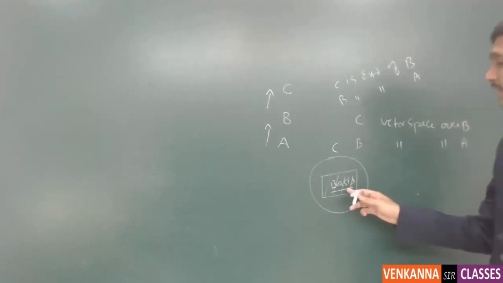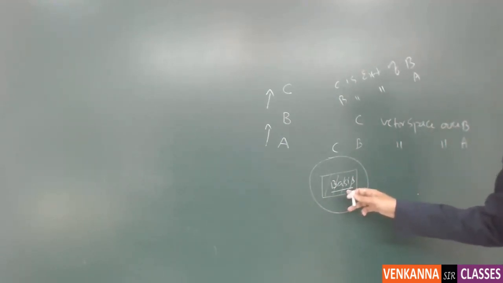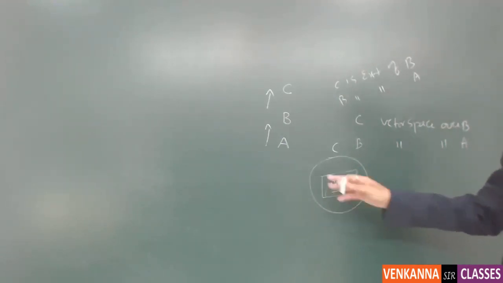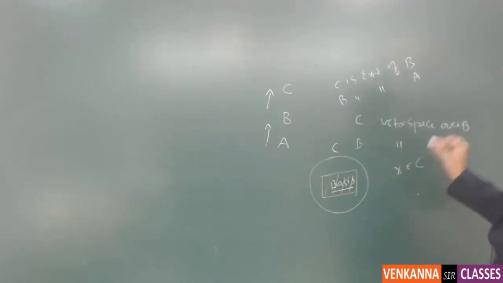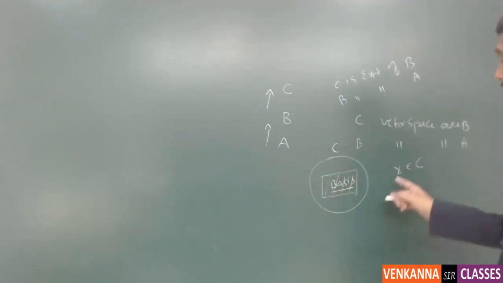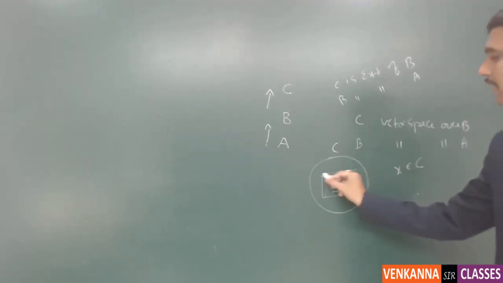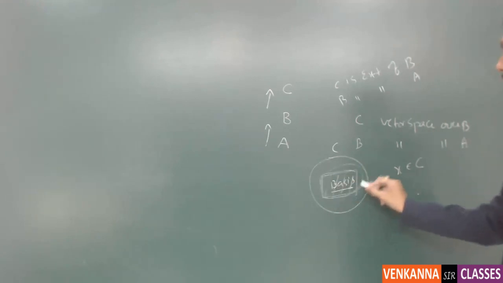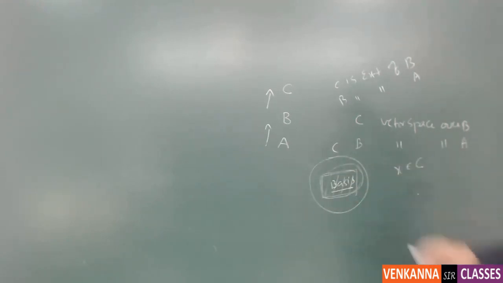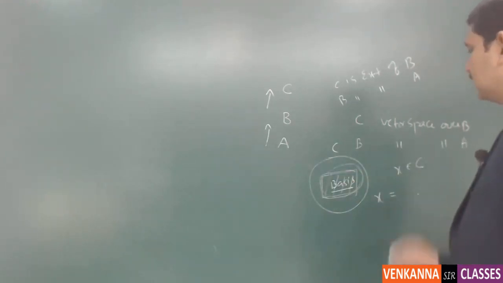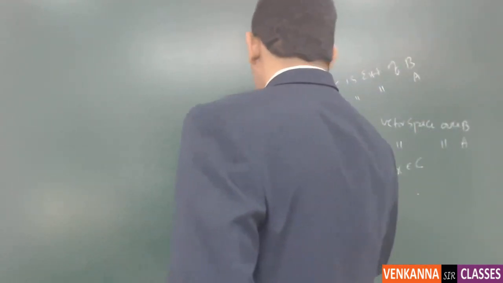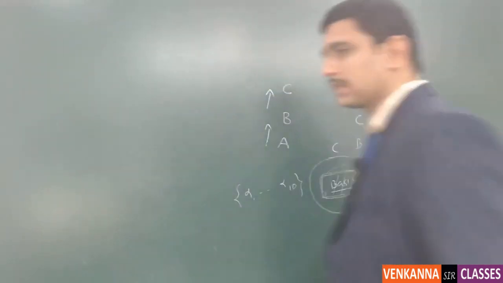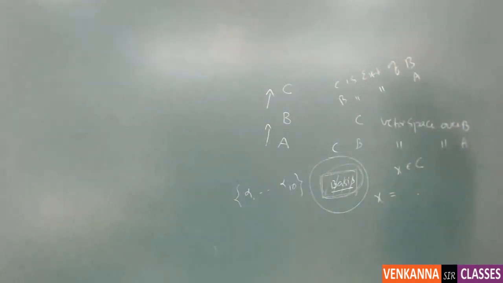So from this context we can say that if you take any value in C, say X belongs to C, you can write this X as a combination of the basis elements, where, let me say, the basis contains the values alpha 1 so on alpha 10, for convenience.